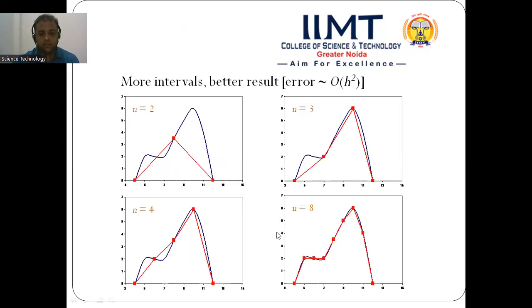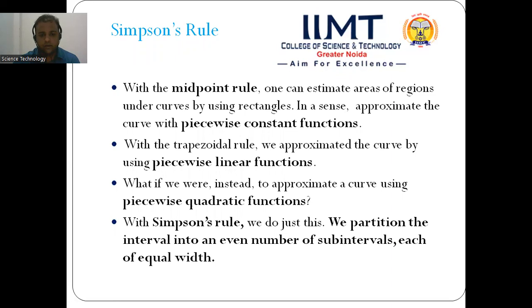As we can see in this picture, the trapezoids are drawn with a linear function. So in the trapezoidal case, we have approximated the function by using a piecewise linear function.